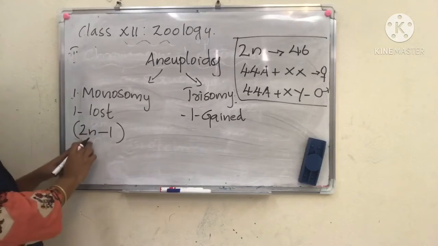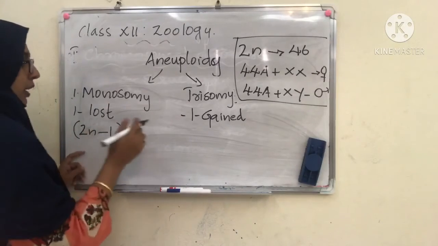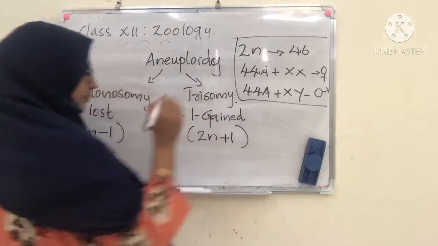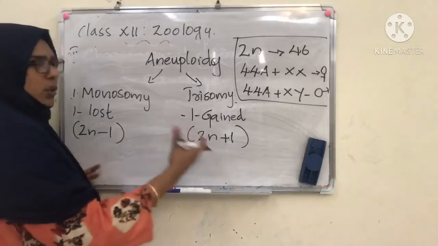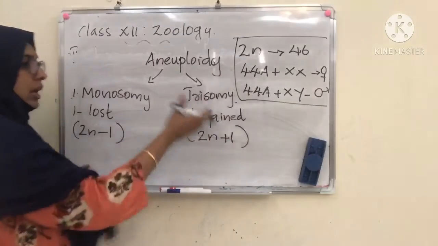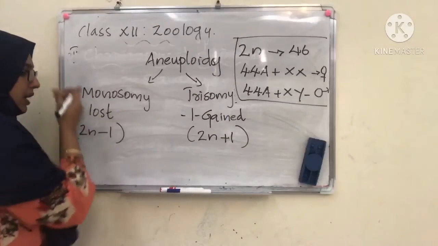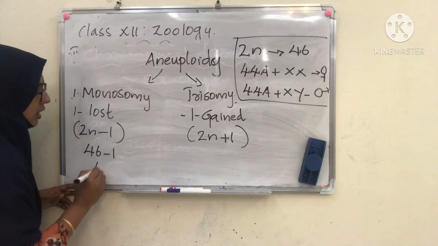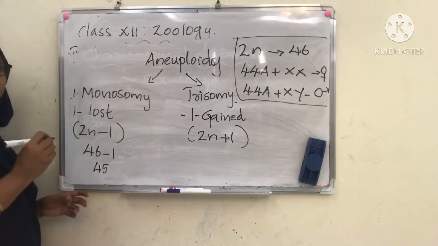2n is the normal chromosome number. Here what is happening? 2n plus 1. Clear? One, two, anything can happen. One or more can be gained. Here also, what happened? 46 chromosomes minus 1 means 45 chromosomes will be there.